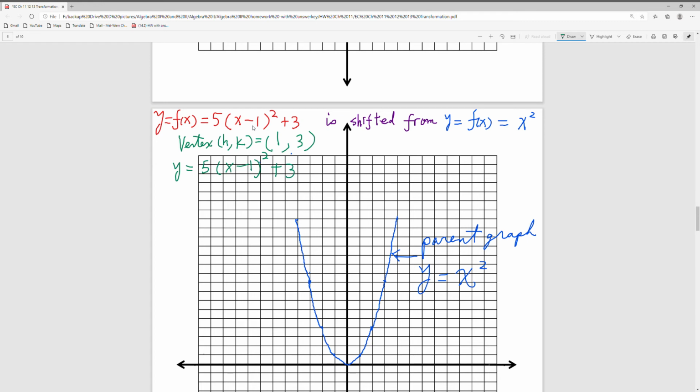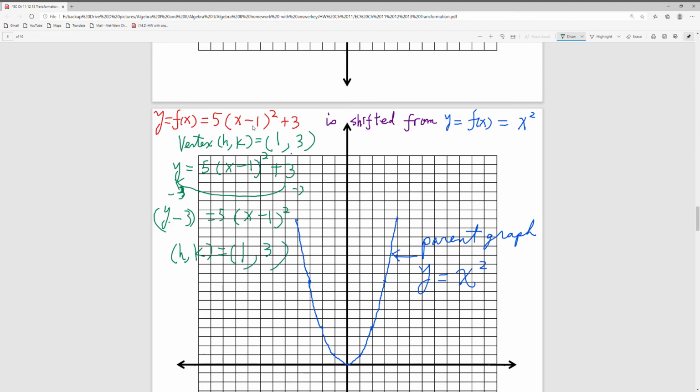If you take away 3 on both sides of the equal sign, basically you move plus 3 to become negative 3. So basically you have y minus 3 equals 5 times x minus 1 squared. So that's why we say the h, k is equal to the number with x minus, the number with y minus.